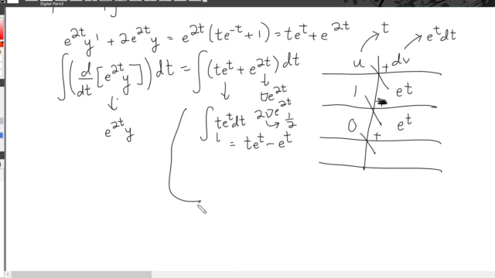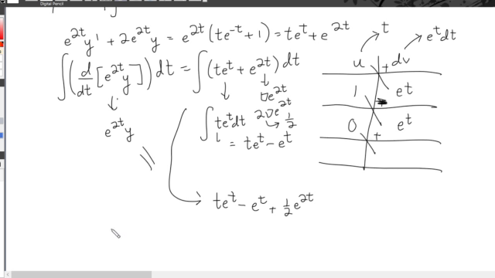So then this huge mess here is equal to t times e to the power of t minus e to the power of t plus 1/2 e to the power of 2t. And this is equal to this.